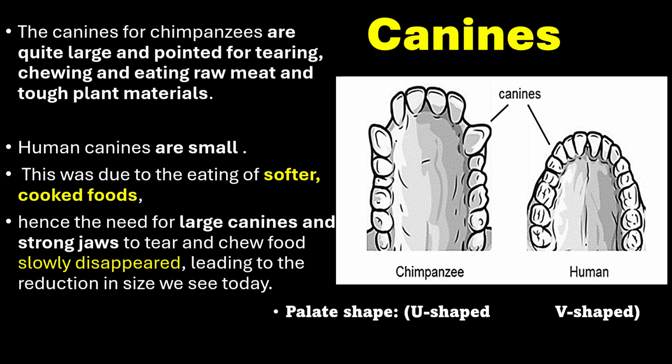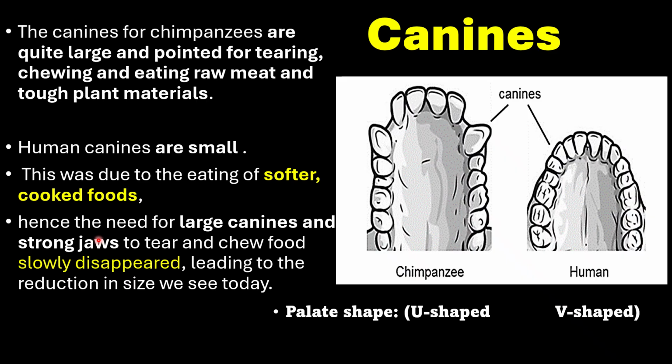So this is the reason why we are trying to explain why the canines in chimpanzees are large, because they eat raw meat and they eat tough or hard plant material. Why don't we have the same canines as chimpanzees? The reason is because we cook our foods and we eat softer foods, and hence we don't need large canines and strong jaws.